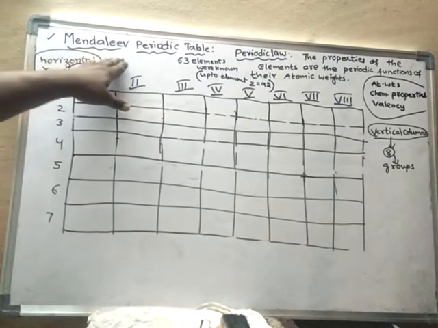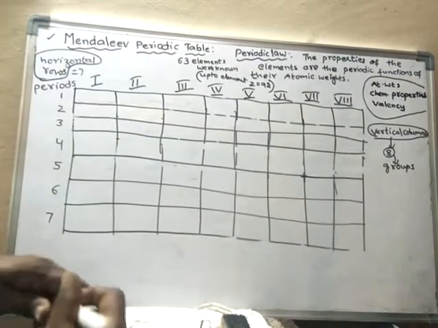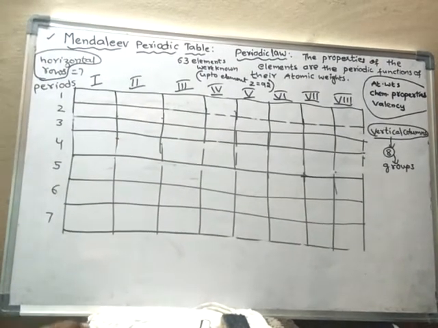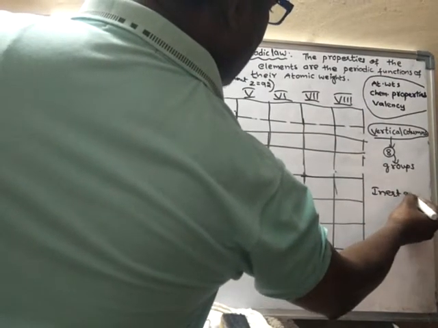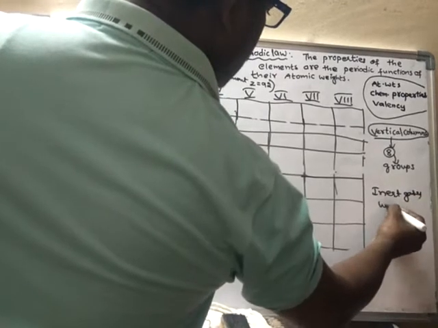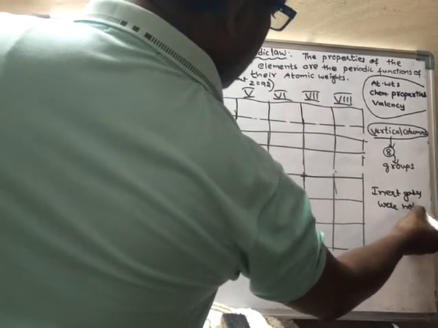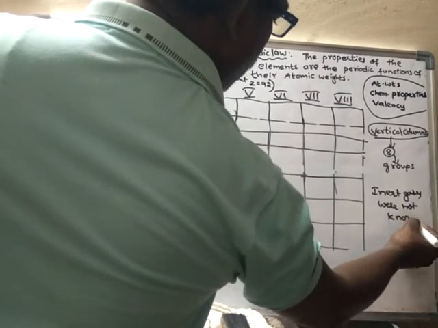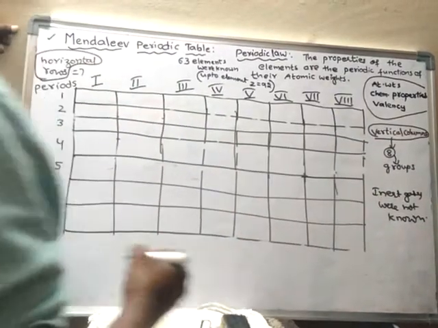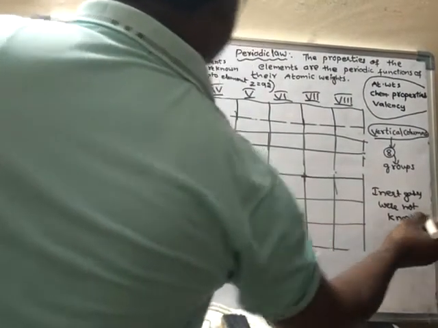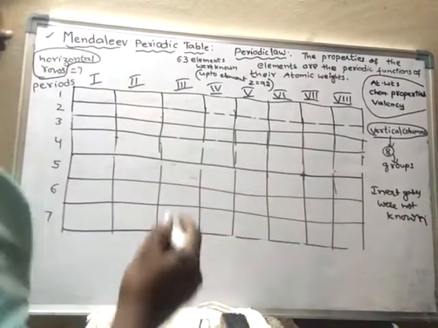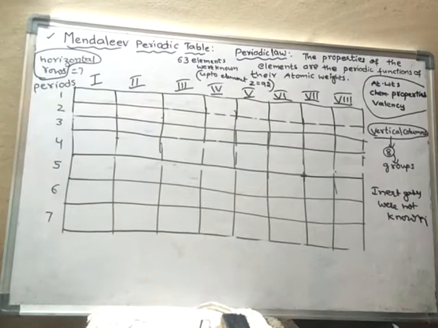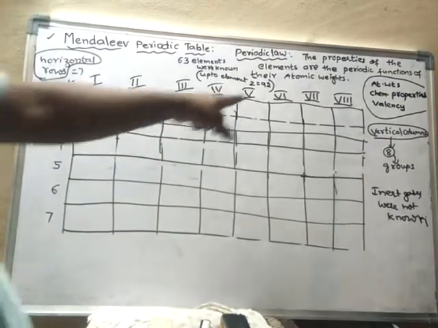By the time of Mendeleev, inert gases were not known. There were no inert gases. So only 63 elements were known, and the last element is the 92nd.